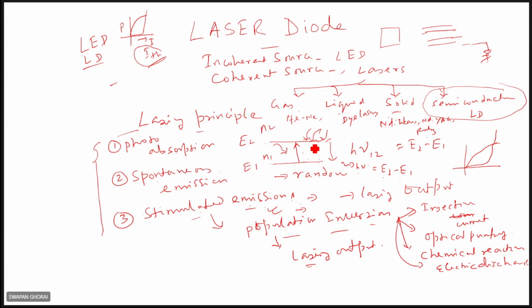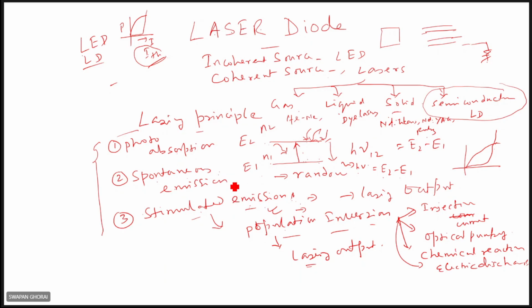When stimulated emission dominates in a particular source, then you get the lasing action. But don't think that conventional sources do not have this stimulation. In fact, in any source there is spontaneous emission and there is stimulated emission.